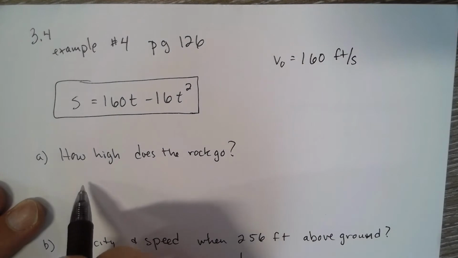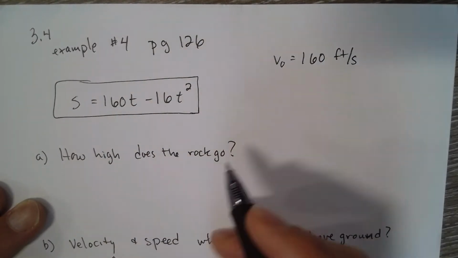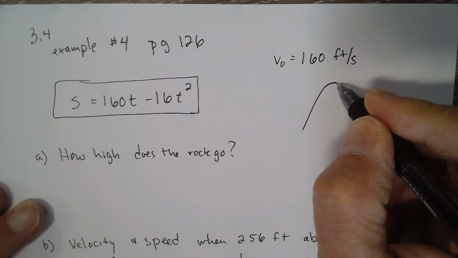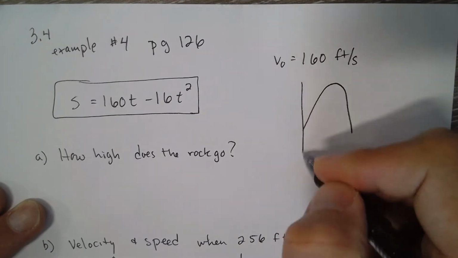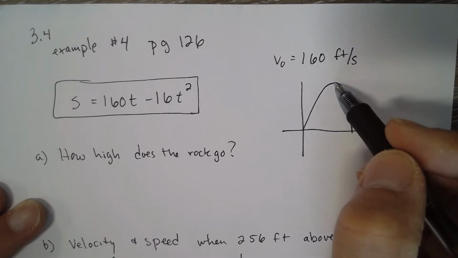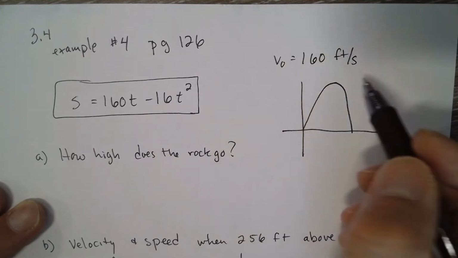So first question, how high does the rock go? Well, what we know is the rock goes up and then it goes back down. We know that when it gets to the top, what is true about the velocity?